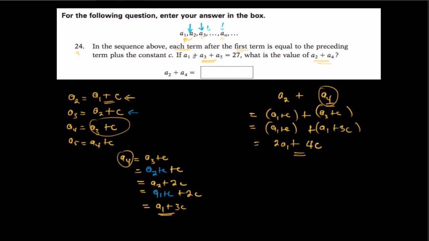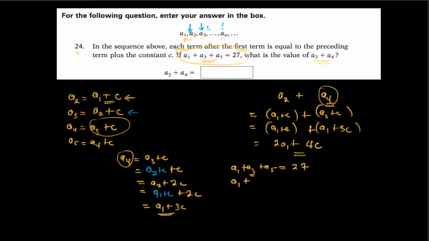So I've been told, which is the condition I'm given, that A1 plus A3 plus A5 equals 27. So let's see if we can bring out something useful that will help us in demystifying the solution to this algebraic expression. A1 plus A3 plus A5 equals 27. Now A1 still stays the way it is, then plus A3.